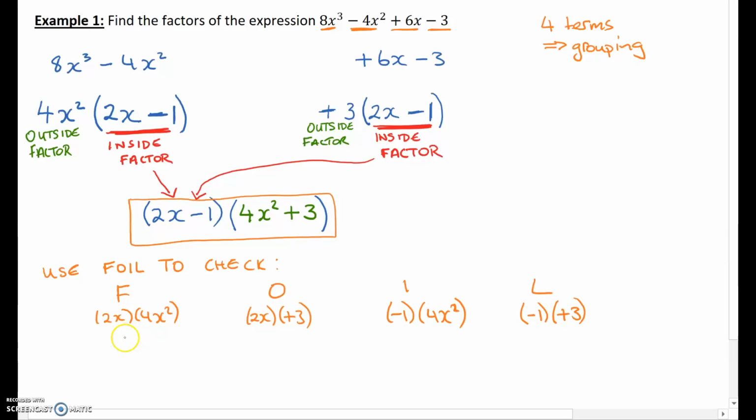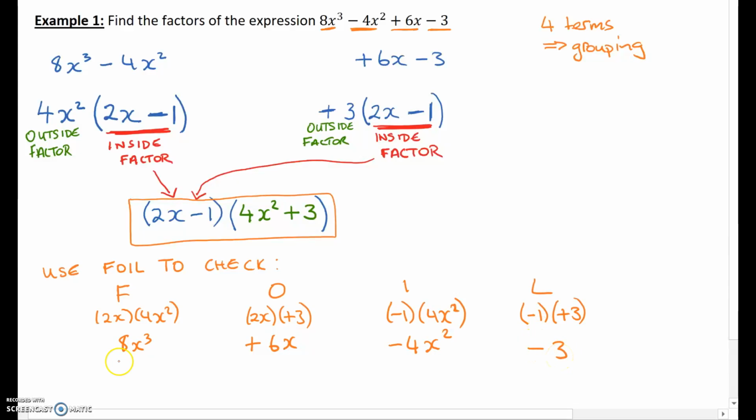Well, 2x by 4x squared is 8x cubed. 2 by 4 is 8. X by x squared. Add the powers, 8x cubed. 2x by plus 3 is plus 6x. Negative 1 by 4x squared is minus 4x squared. And negative 1 by plus 3 is minus 3.